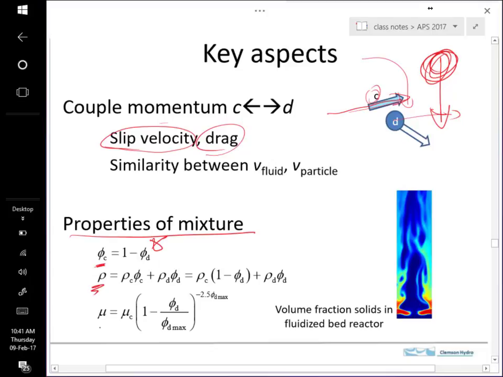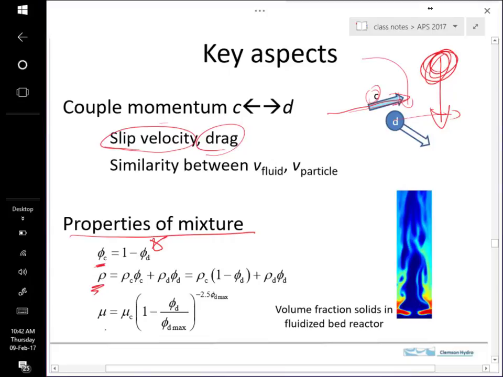Viscosity is a little bit trickier. As we add solid particles to a liquid, if we just put a few particles in there, it's not going to really do much. But as the concentration of the particles gets larger, then you definitely have an interaction between the particles that causes the fluid to thicken.